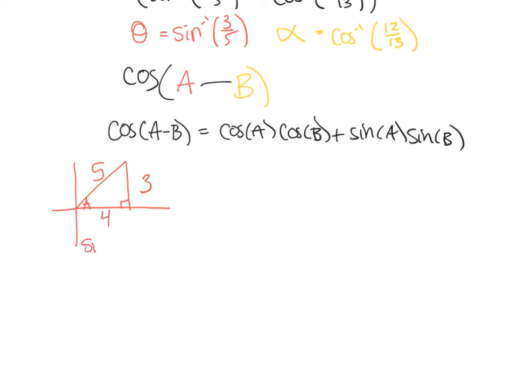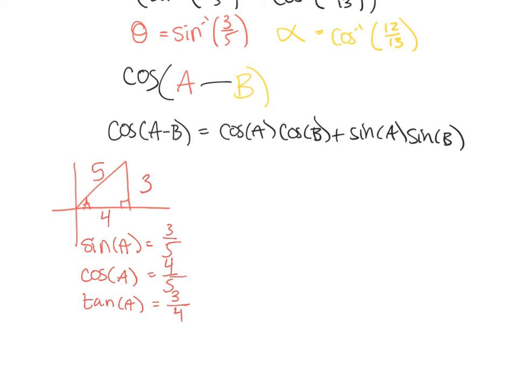So sine of A is 3 over 5, something we already knew. Cosine of A is 4 over 5. And tangent of A is 3 over 4. So here's everything we know for that.